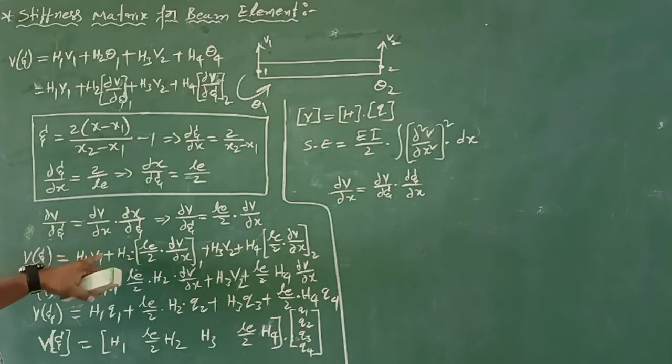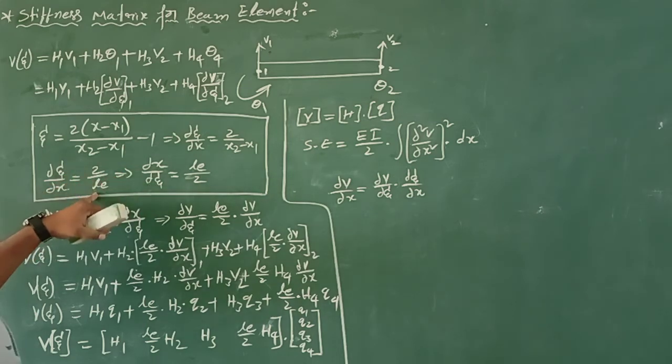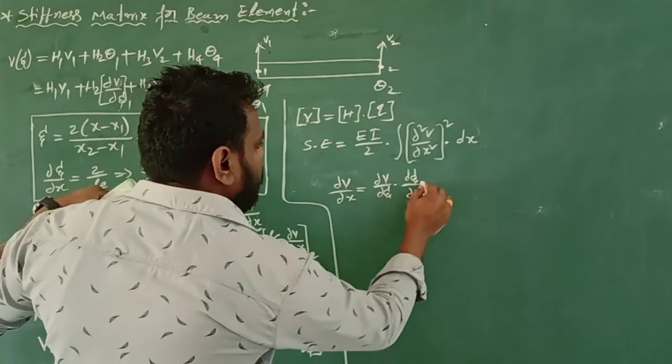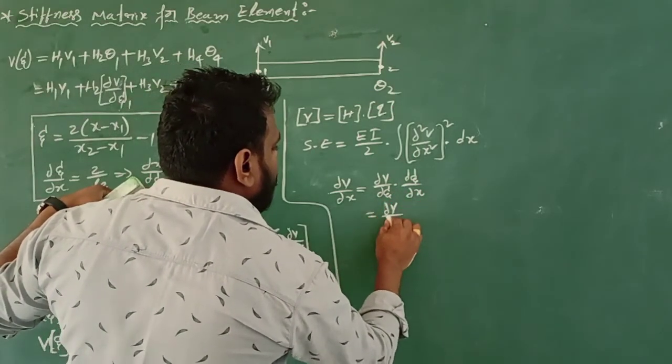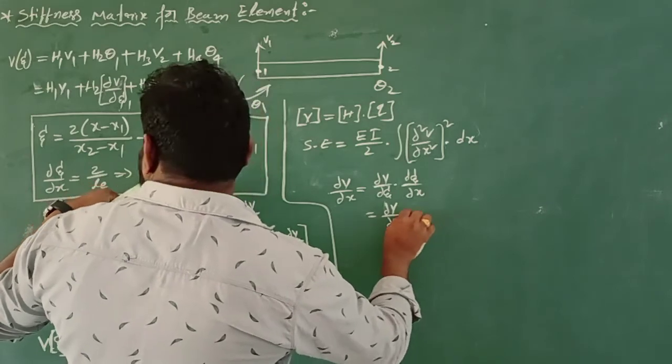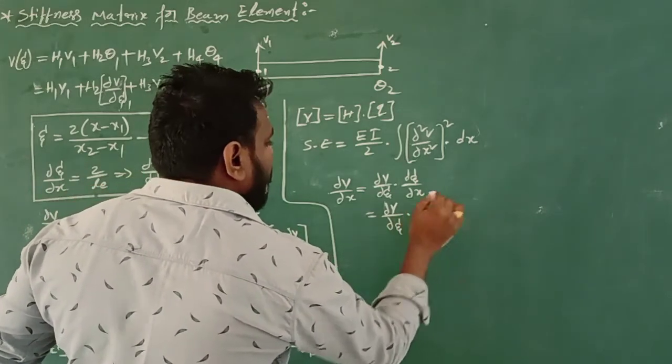Here dou j by dou x means 2 by LE. So substitute this value here: dou V by dou j into 2 by LE.